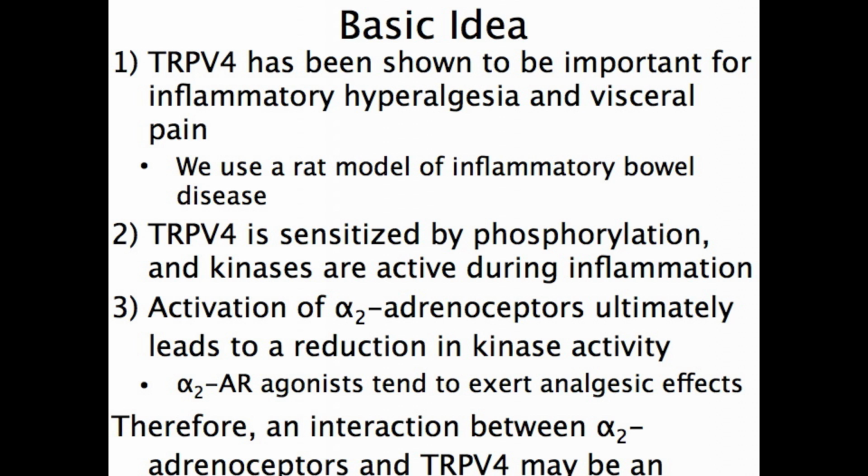So to wrap it all up, the basic idea of this project was this: TRPV4 was shown to be important for inflammation and visceral pain, and we use a rat model of IBD. It's sensitized by phosphorylation, and alpha-2 adrenoceptors reduce phosphorylation and have analgesic effects.